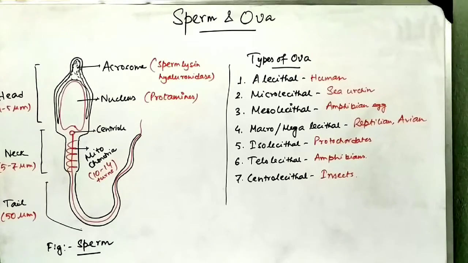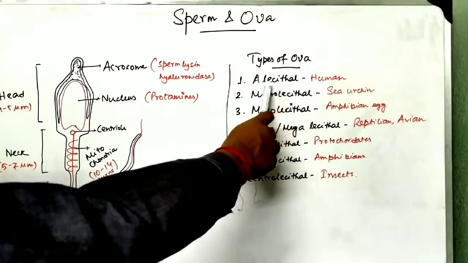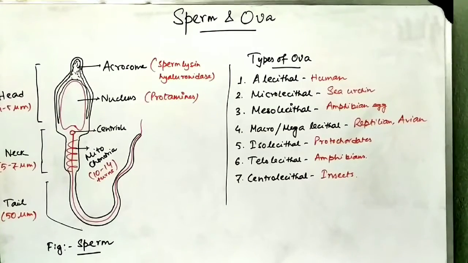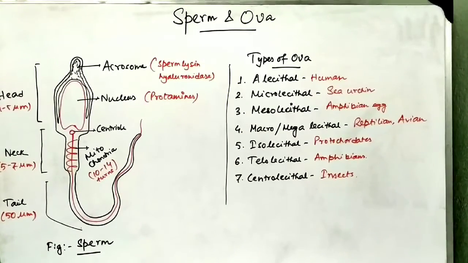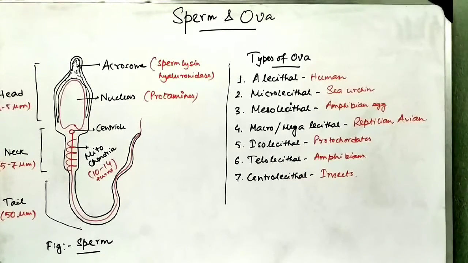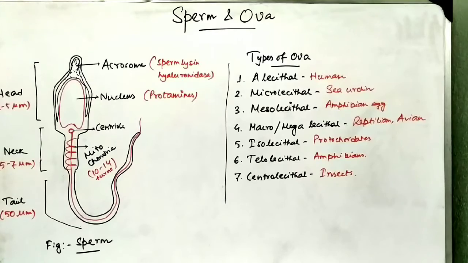At first, lecithal. The word lecithal means presence of yolk. Whether yolk is present or not, or how much yolk is present inside the ova, this is the key term to classify the ova.